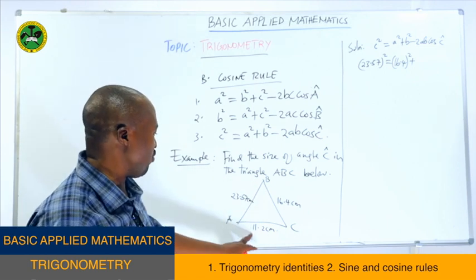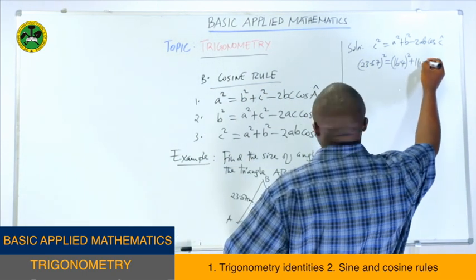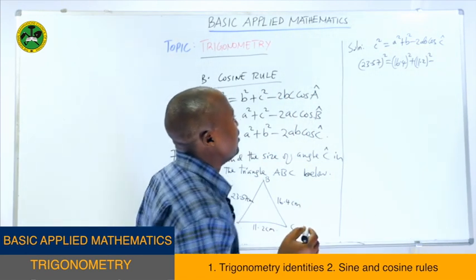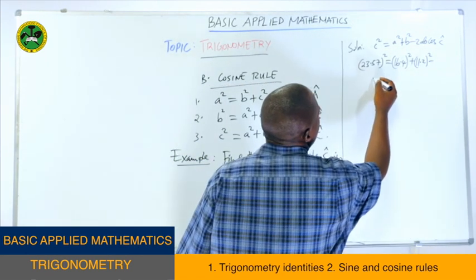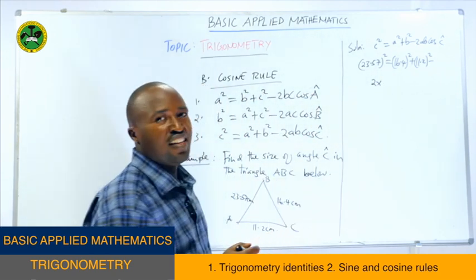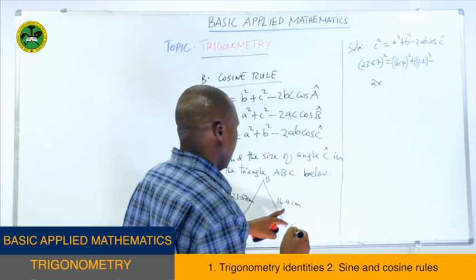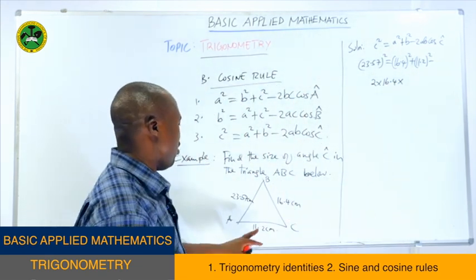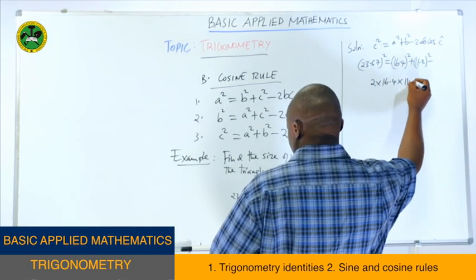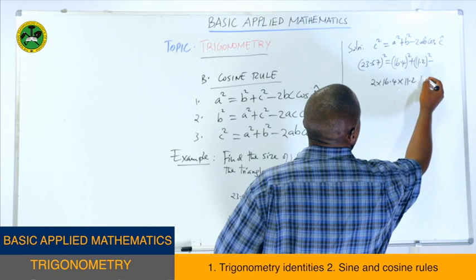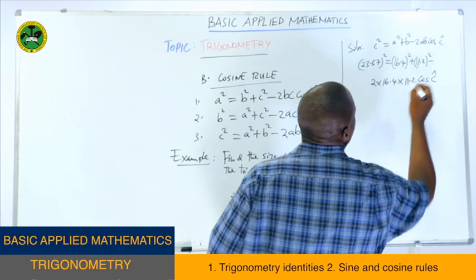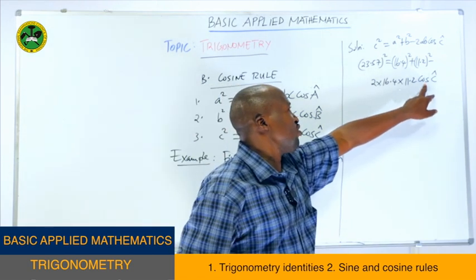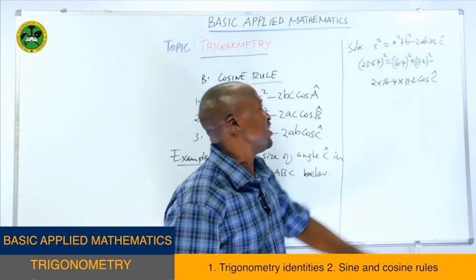What is the value of B squared? Of course, we have 11.2 squared minus 2 times A times B. So A is 16.4 times B, our B is 11.2, followed by cos of angle C. Now we are supposed to make cosine of angle C the subject.